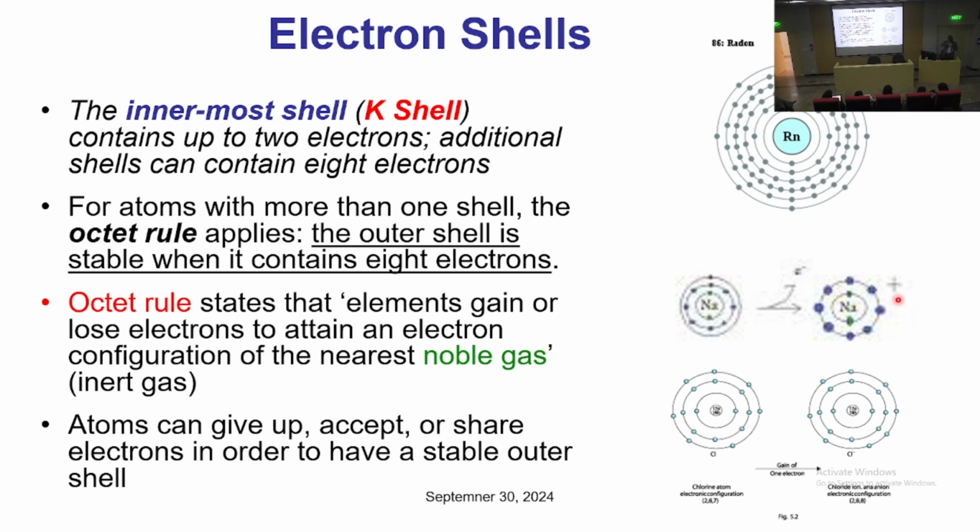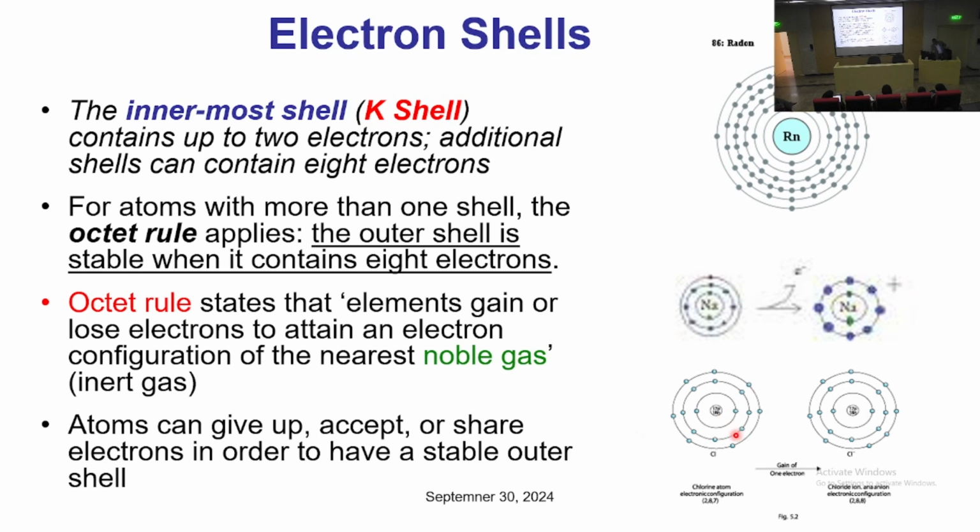When it loses 1 electron, which charge will it have, positive or negative? Positive charge. So sodium will have 8 in the outermost shell and become stable, but it will become positively charged. That's why we usually write sodium as Na+.